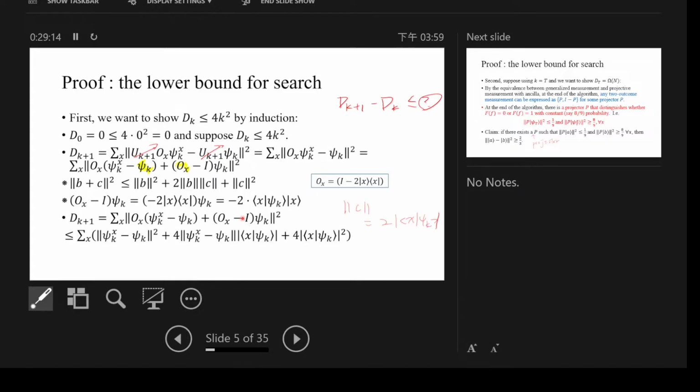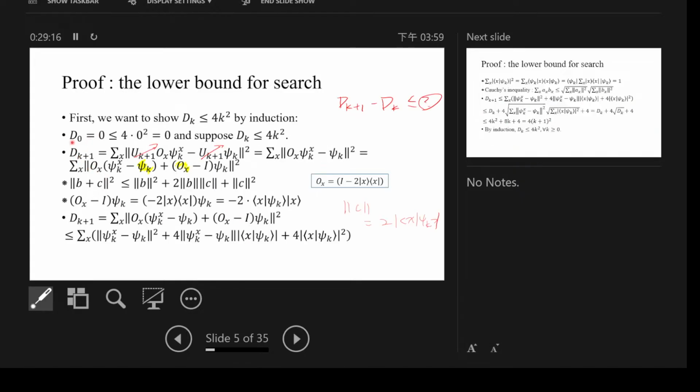So our calculation of dk plus 1, in this simplified case, is just equal to this sum over x of ox psi xk minus psi k squared. And then we do something smart, and I guess there's no good explanation of why. I guess there are some explanations, but really it's just something smart we do here.